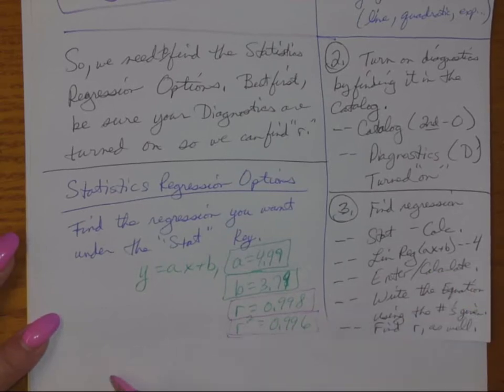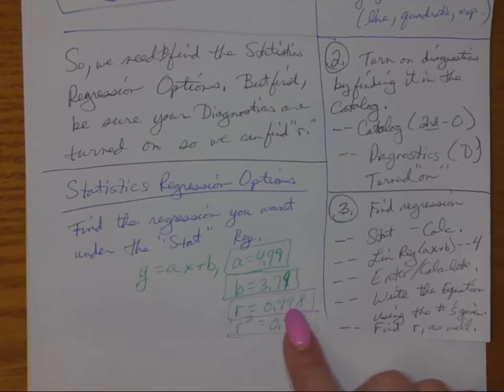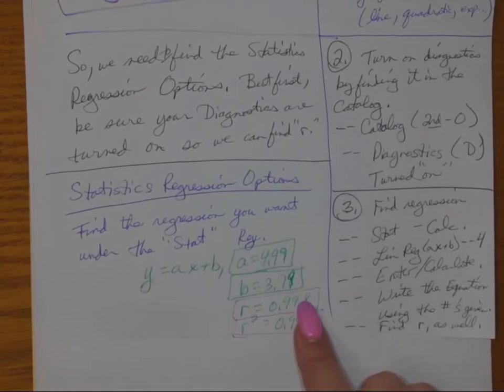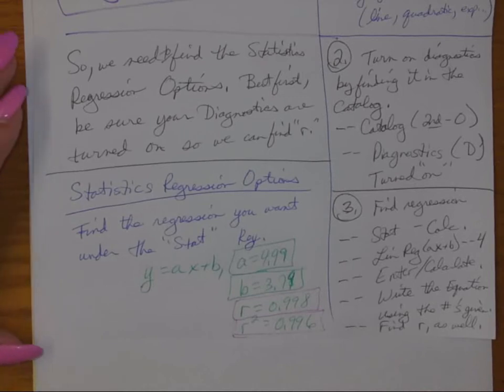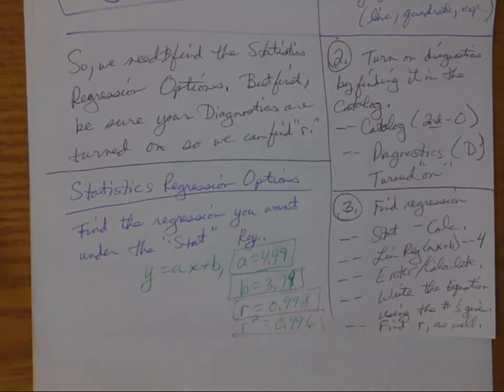They're between -1, 0, and +1, and this is 0.998, which is really, really close to 1. You can read these like percentages if you want to, so this is 99.8, this is 99.6. Both of those percents, right? So what this tells me is that my line of best fit that I'm about to write the equation for is really good. It's really going to hit most of my data points, and that's what we want.